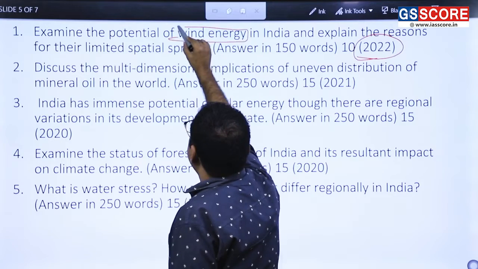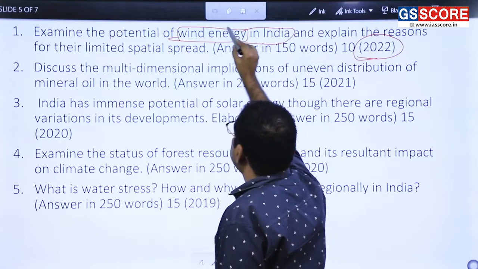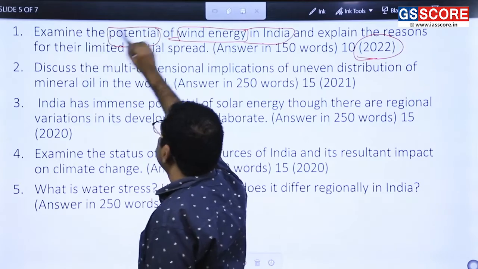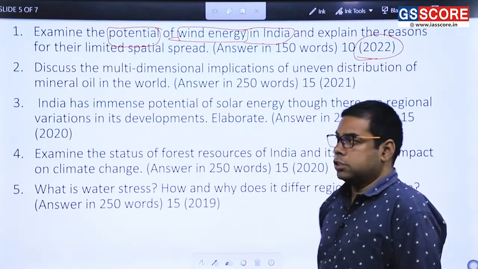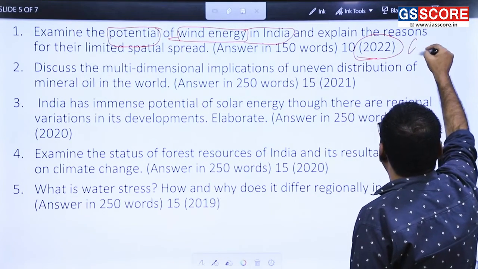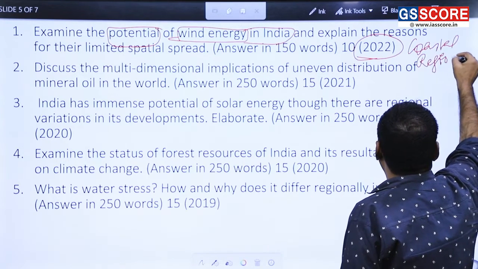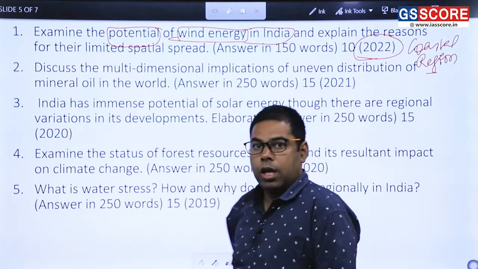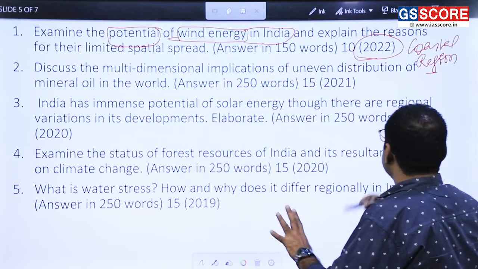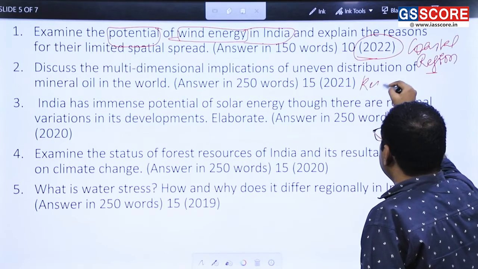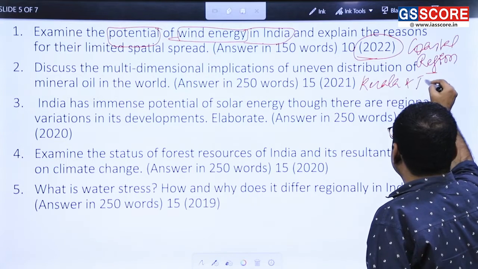See, wind energy in India, potential. What you have to discuss here is the potential of wind energy in the coastal region, right?